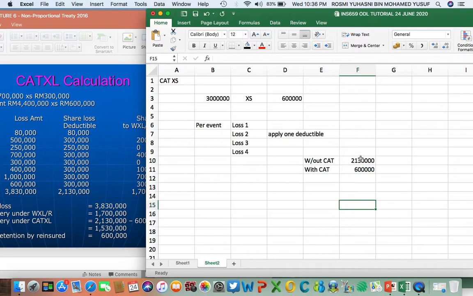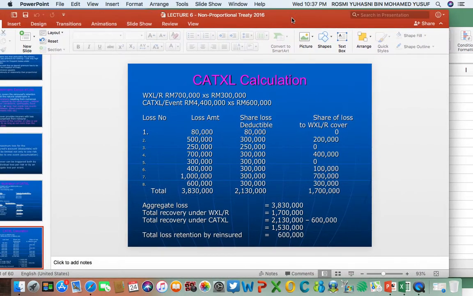Without catastrophic reinsurance, insurer will have to retain up to 2130. But with catastrophic reinsurance, insurer will only retain up to 600,000 for the final total net loss retained.